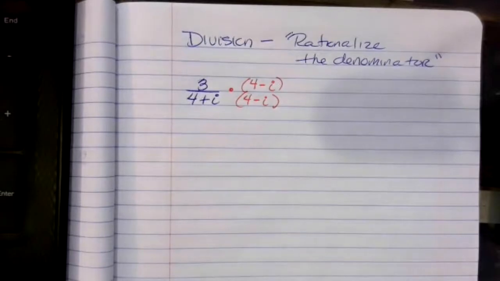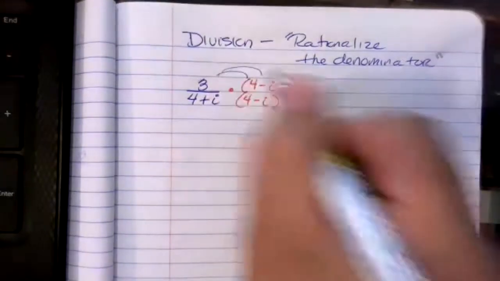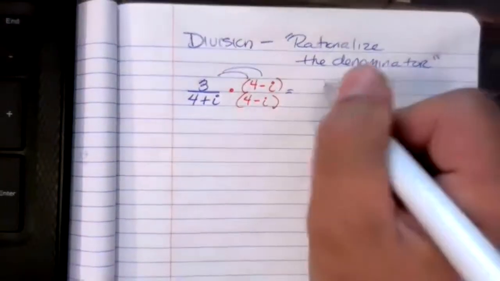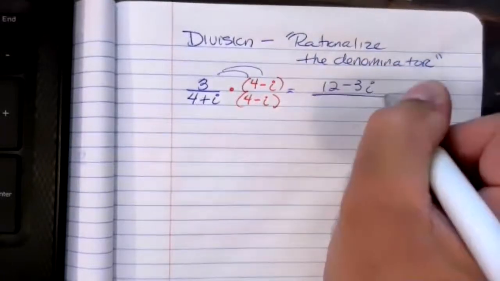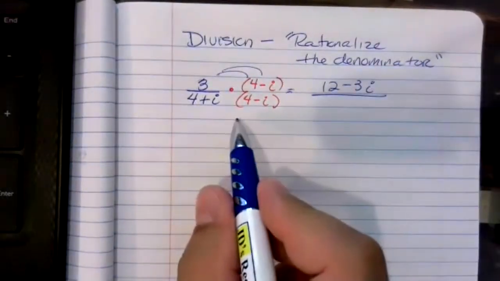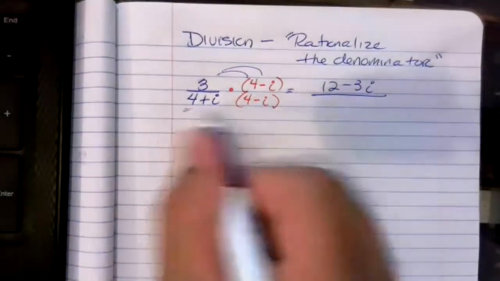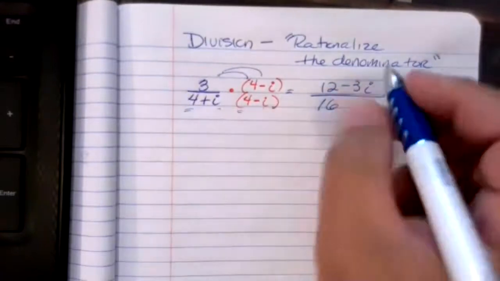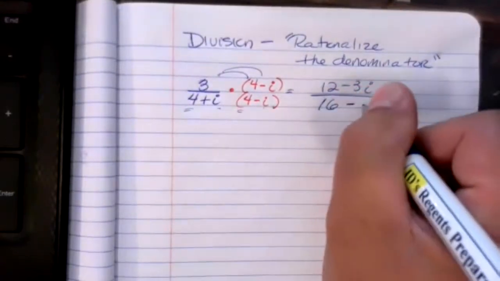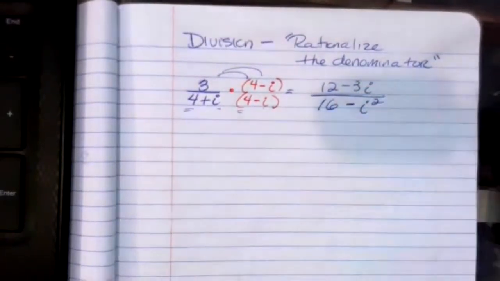So we multiply the numerator and denominator by 4 minus i. Up top, this gives me 12 minus 3i. On the bottom, since they're conjugates, you can just multiply your first with your first and your last with your last, so that'll be negative i squared.